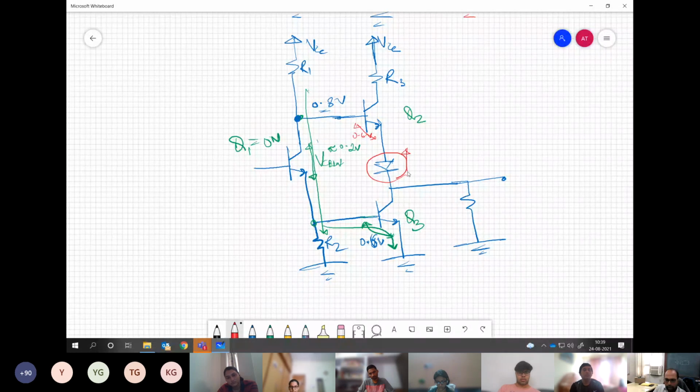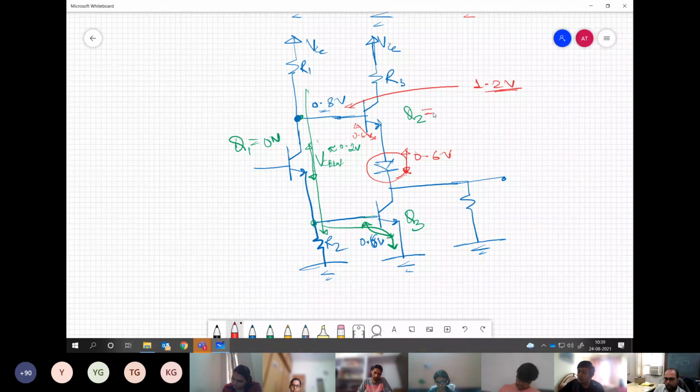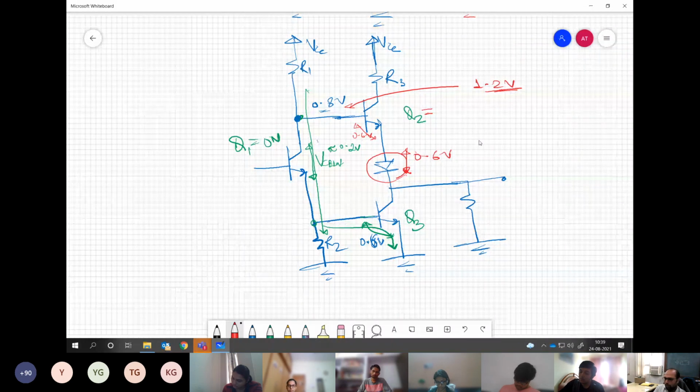But when we have this diode, it needs another additional 0.6 volts on top of this for making this transistor go into the saturation mode. So now the required voltage at this point should be at least 1.2 volt for making this transistor Q2 into on mode, which is not there. It's hardly 0.8 volt over here.